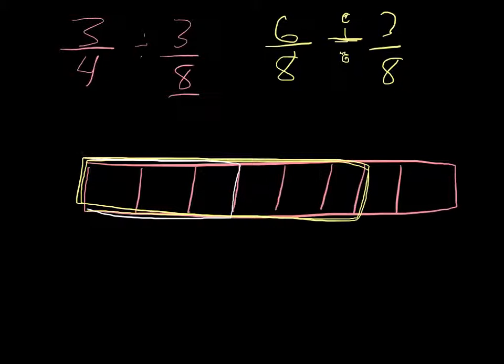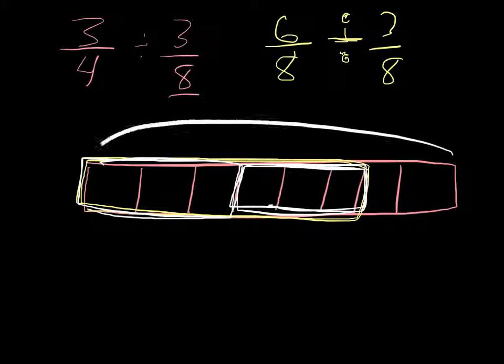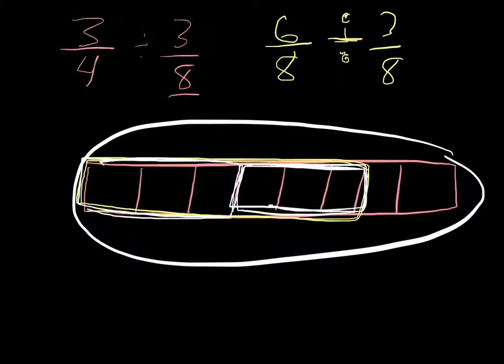So there's 1. And then there's a 2. There are 2 groups of 3 out of the possible 8 that we have here. So our answer is, what is 6/8 divided by 3/8? The answer is 2. Right? So 1 here and 1 there.